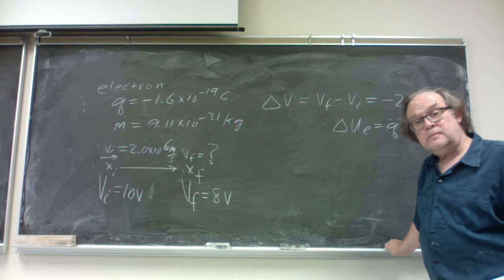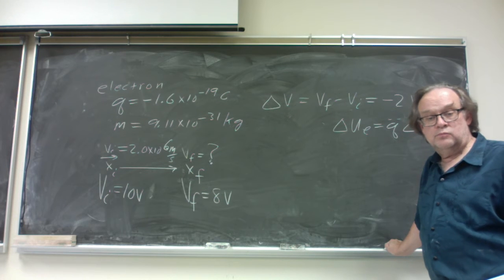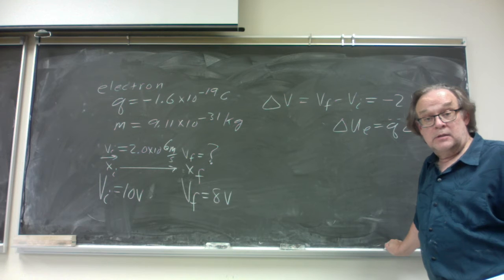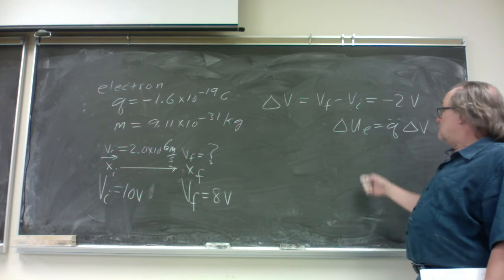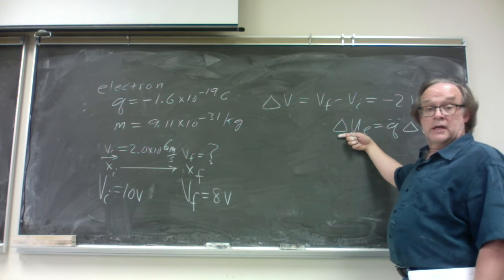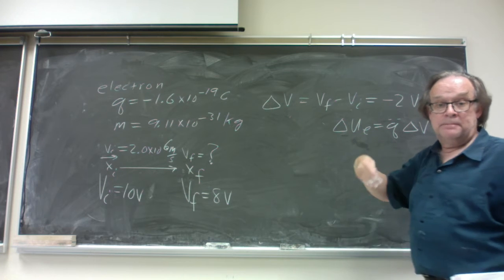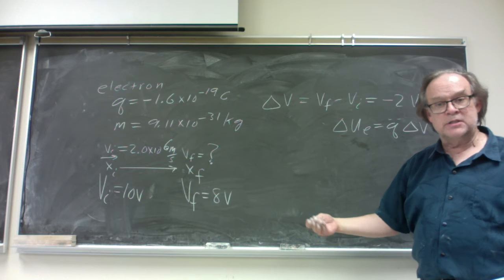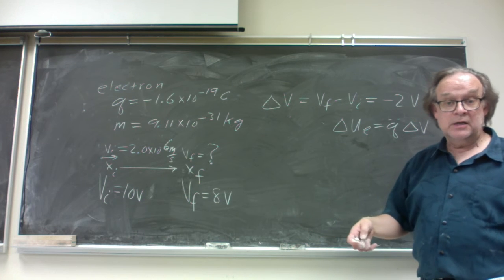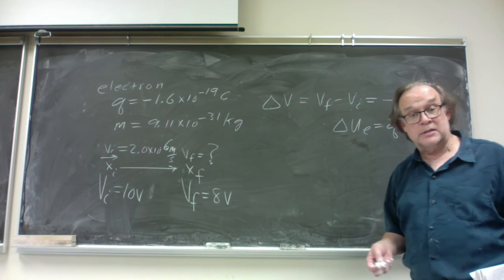So we can use the fact that the total energy of the system stays constant, and that means that if one kind of energy changes, another kind of energy has to change just as much, but in the opposite sense, in order to keep the total energy constant.